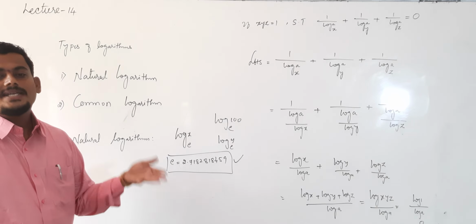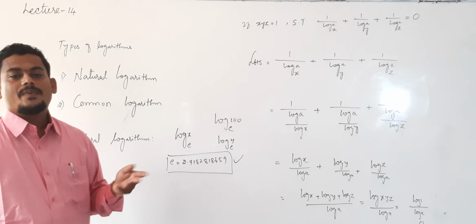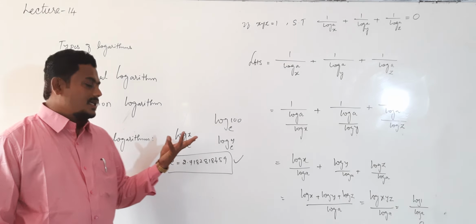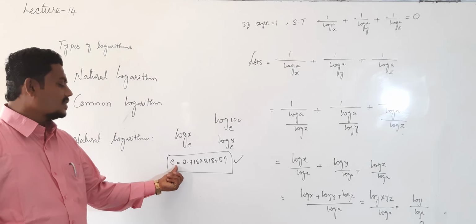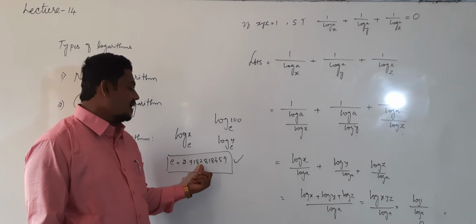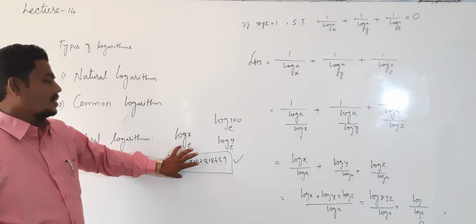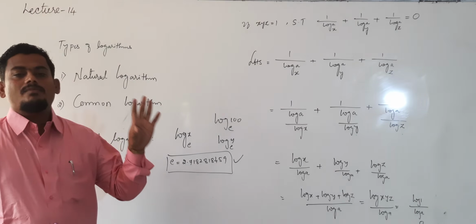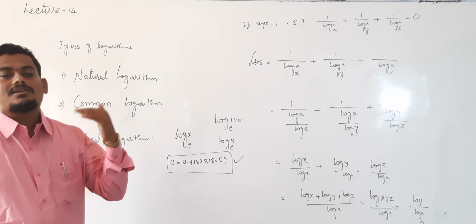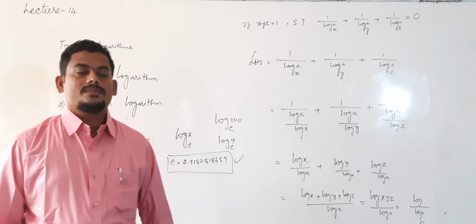It is like pi only. Pi is 3.142 approximately. Similarly, e value is 2.7182818459. The logarithm to the base e is called natural logarithm.